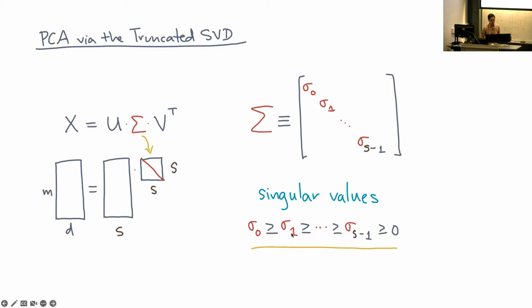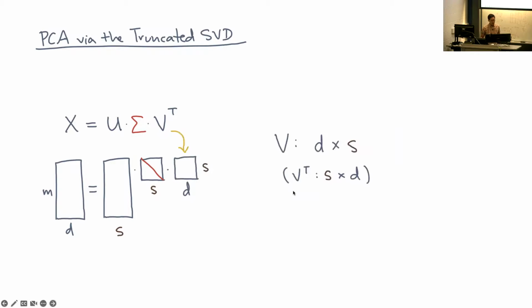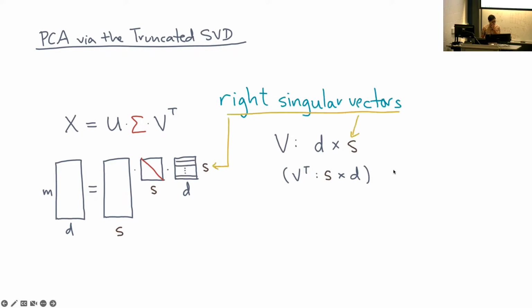So sigma 0 will be larger than or equal to sigma 1, and so on. And the singular values are also special in the sense that they will be non-negative. So the singular values will always be non-negative. All right. And then lastly, V will be another orthogonal matrix that is D by S.